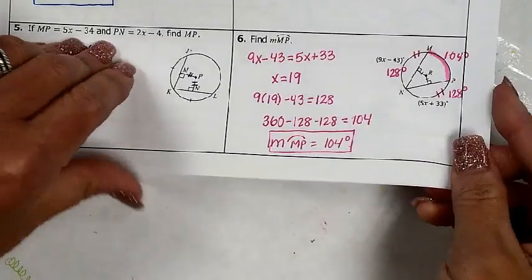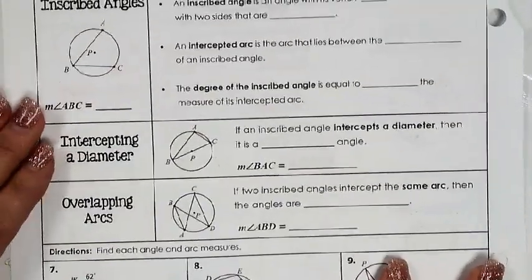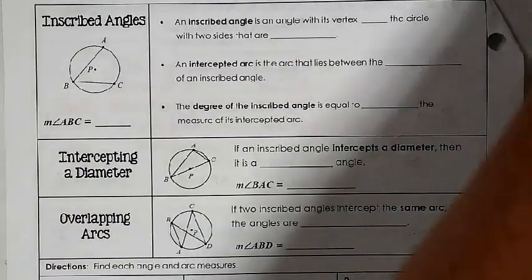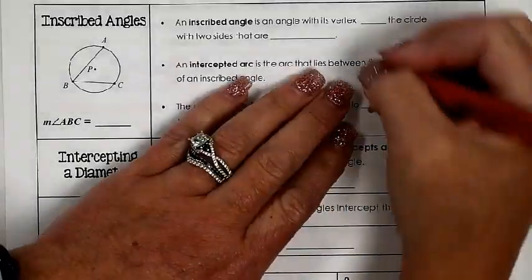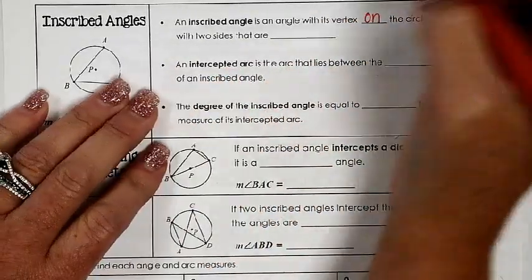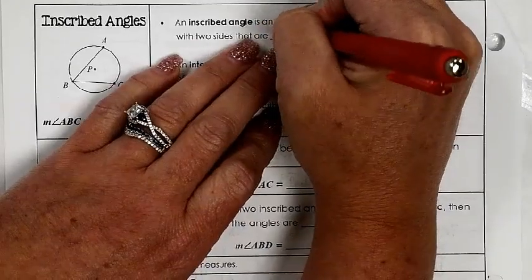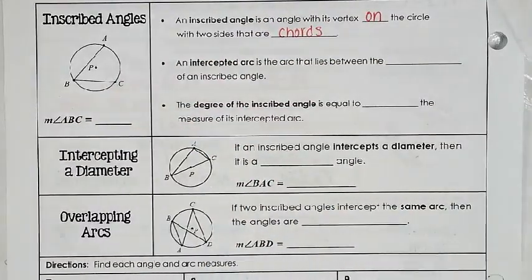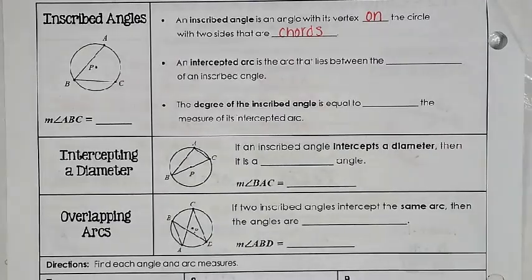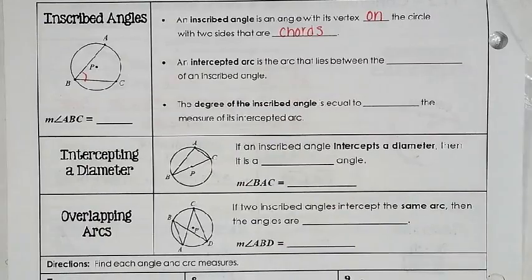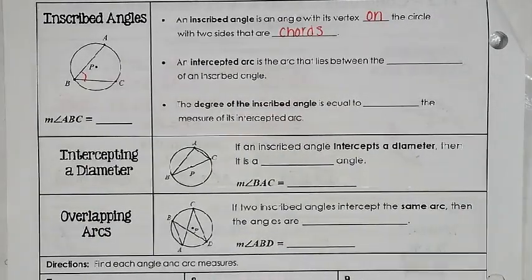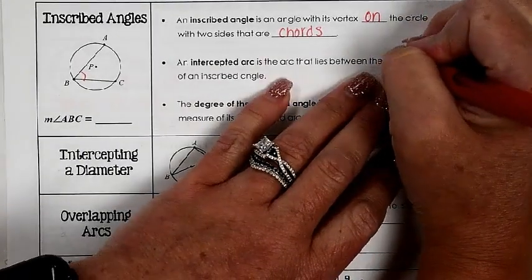All right, moving on to inscribed angles. An inscribed angle is an angle with its vertex on the circle and two sides that are chords. So if you look here in this picture, the measure of angle ABC would be the inscribed angle. An intercepted arc is the arc that lies between the endpoints of an inscribed angle.